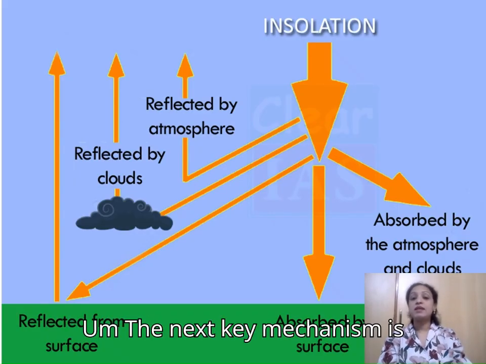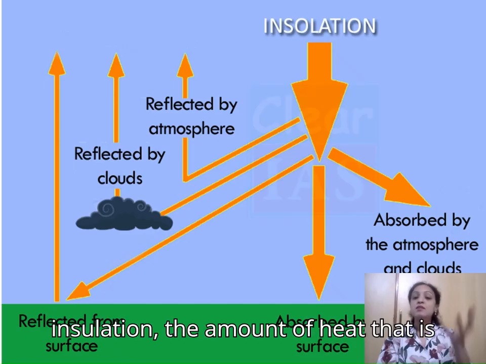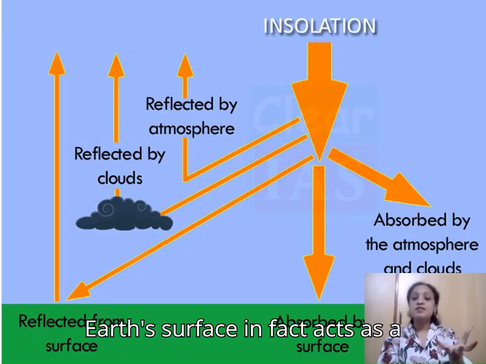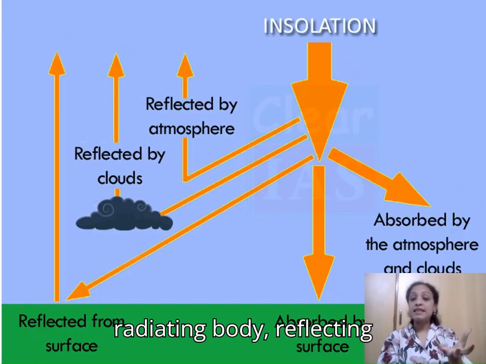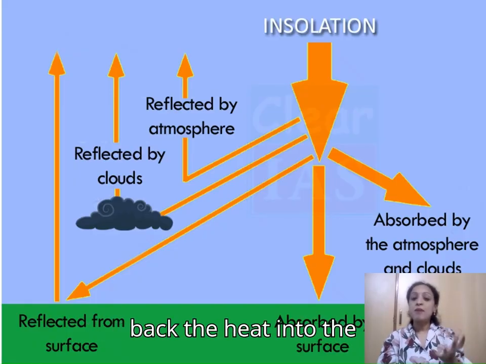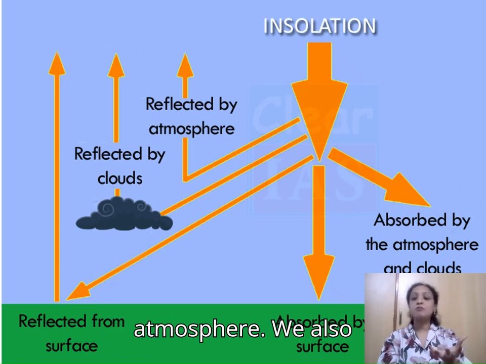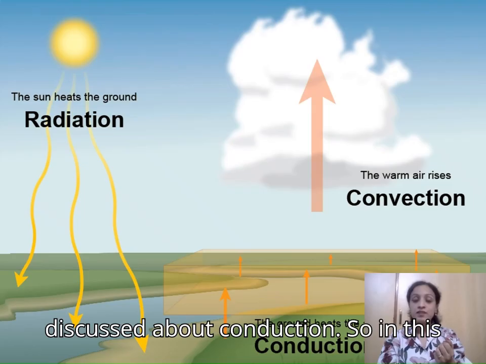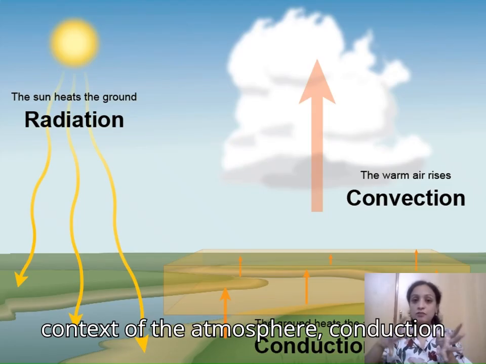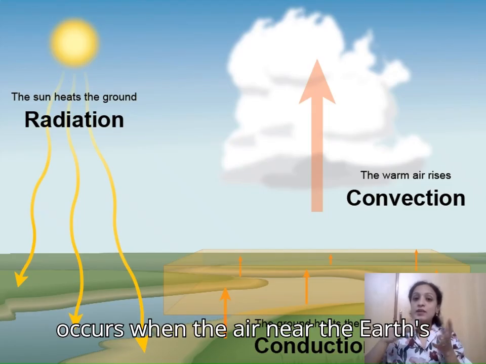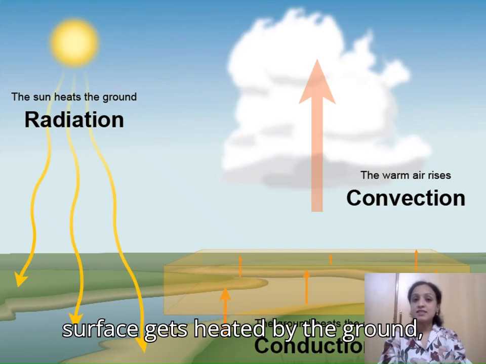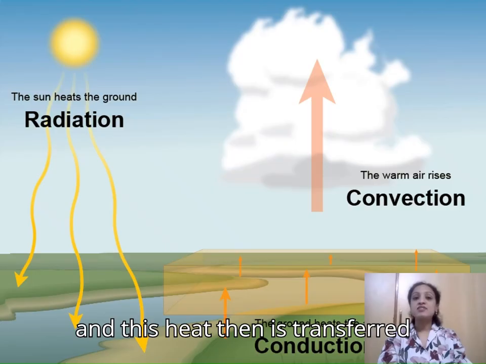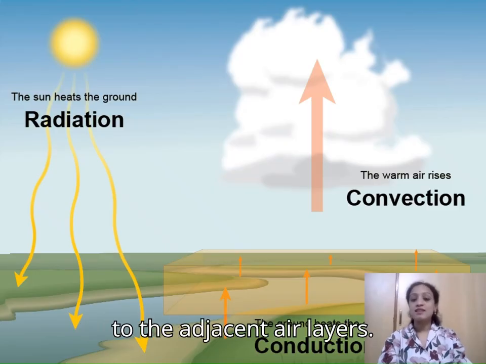The next key mechanism is insolation, the amount of heat that is absorbed by the Earth's surface, and the Earth's surface in fact acts as a radiating body, reflecting back the heat into the atmosphere. We also discussed conduction. In the context of the atmosphere, conduction occurs when the air near the Earth's surface gets heated by the ground, and this heat then is transferred to the adjacent air layers.